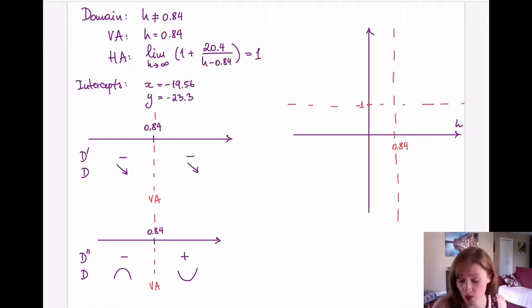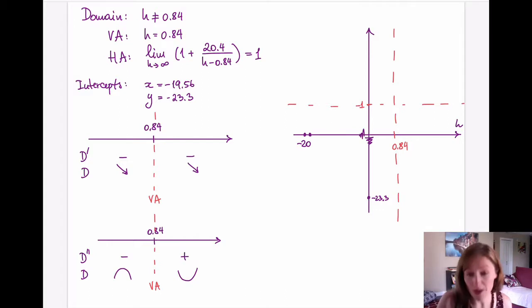X and Y intercepts are large negative numbers, so I'm just going to create this kind of squishy axis here and mark this to be -20 here and this to be, let's say, -23.3 there. So my graph goes through the point somewhere near -20. So let's say here and at -23.3.